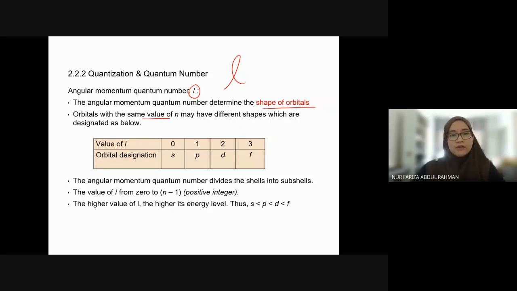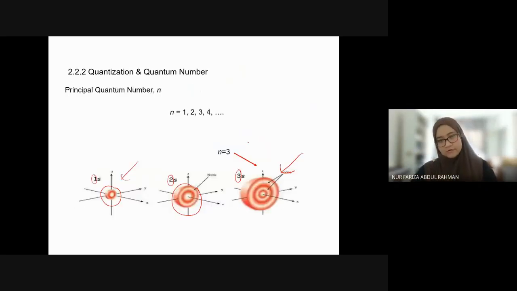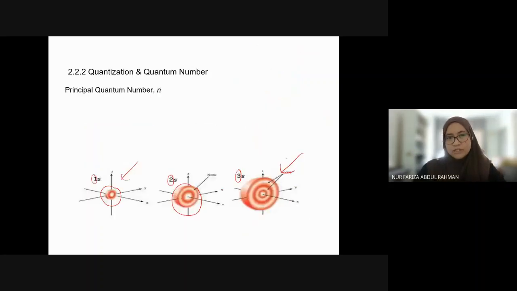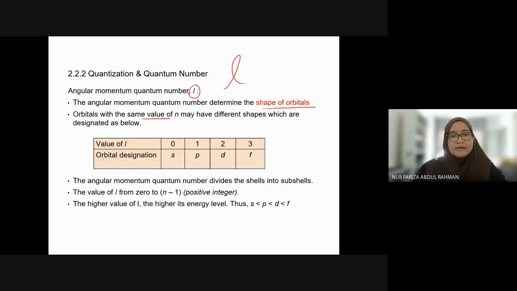So the value of l, for example, again we have 4 just now. We may have more, but normally n goes up to 5 or 6. The value of l depends on the value of n.